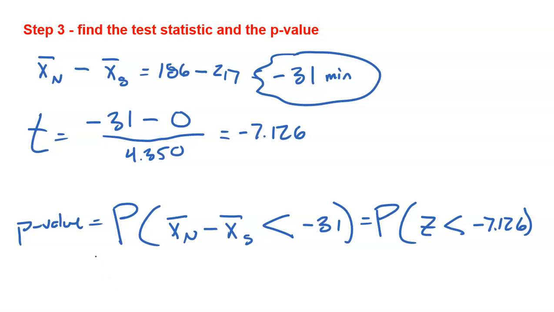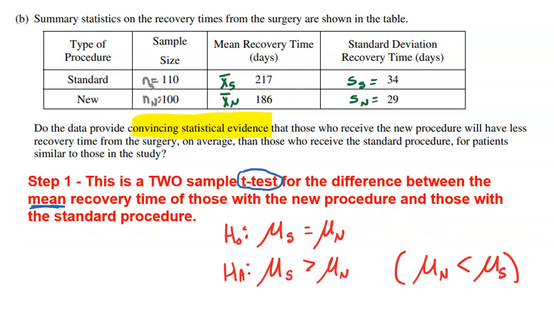Now, the other piece of information here is I do need to use the t-model for this, and the t-model does depend on a certain number of degrees of freedom. There's a couple different ways you could calculate the degrees of freedom when working with two samples. There is an actual mathematical formula that's going to give you some crazy decimal amount of degrees of freedom. The other thing you could do is look at the two different degrees of freedom. I have 109 degrees of freedom here, and I have 99 degrees of freedom here.